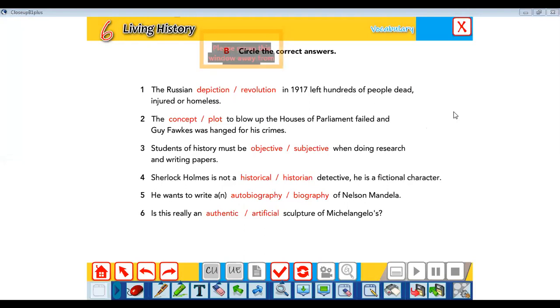Yes, who can answer? Habiba Muhammad, you can answer now. Number one. So number one will be the Russian Revolution. It's okay. Number two, the concept or the plot to blow up the houses.